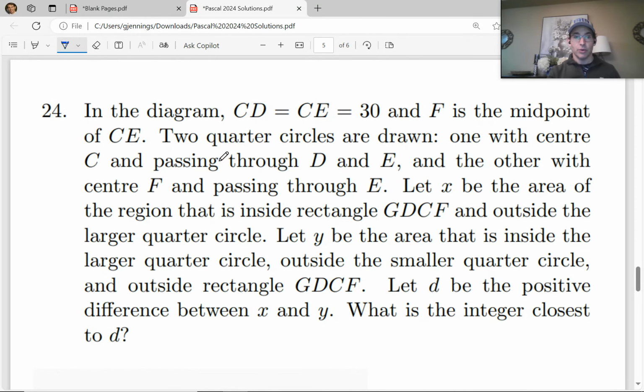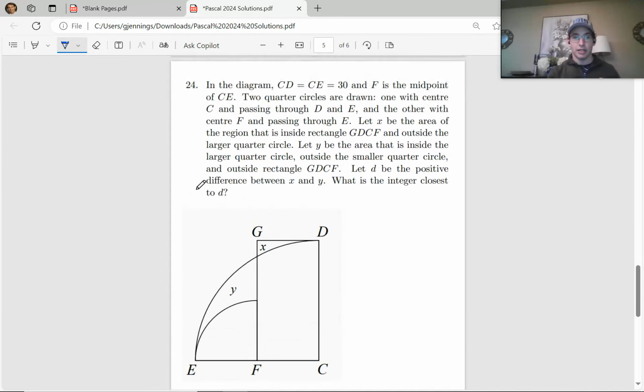Okay, so I'm just going to translate the information from there onto our diagram. CD is 30. CE is 30, but F is the midpoint, so that's 15, 15. And we are looking for the value of y minus x. We want the positive difference between x and y, but y certainly looks bigger than x, and the diagram looks pretty darn good.